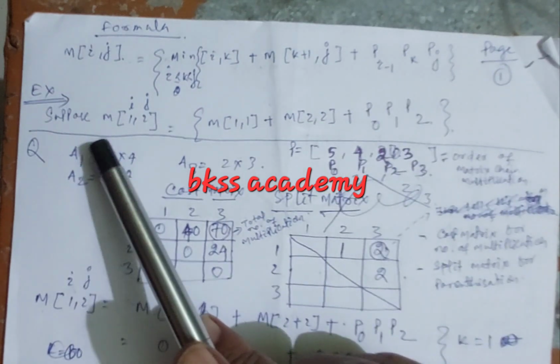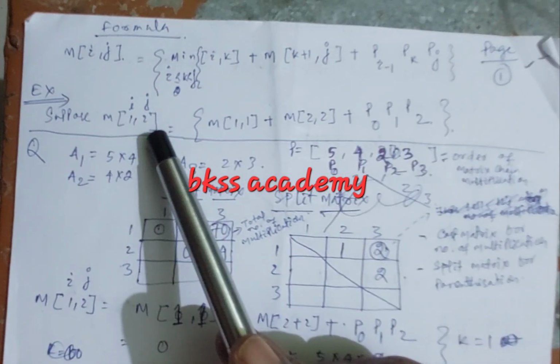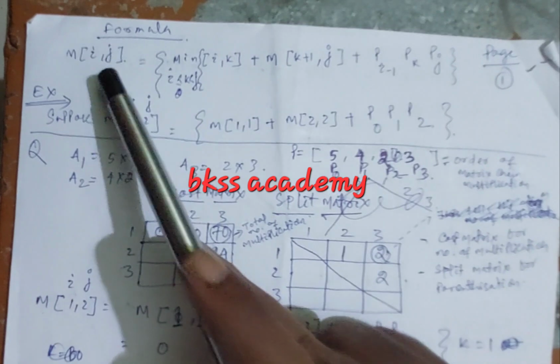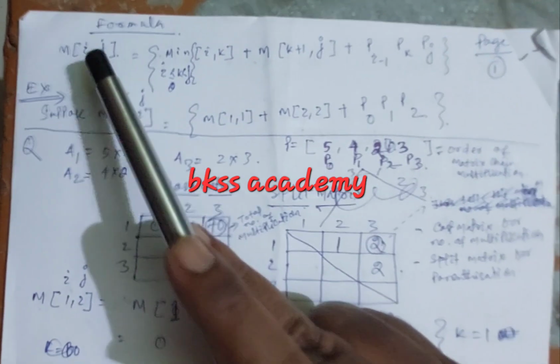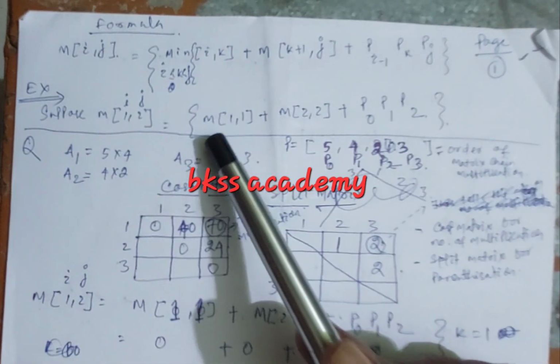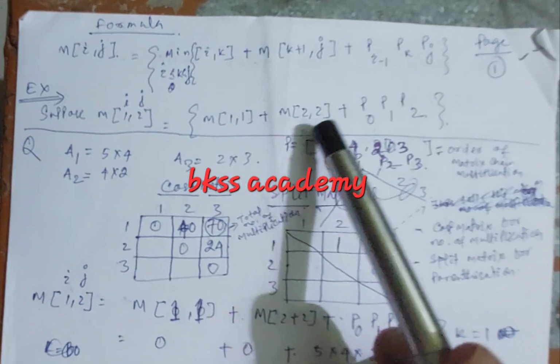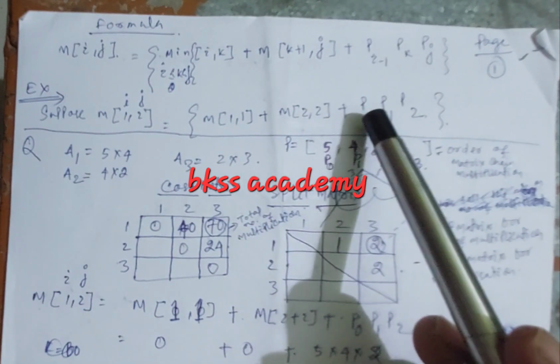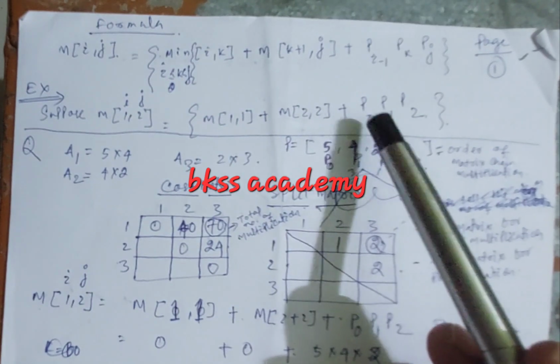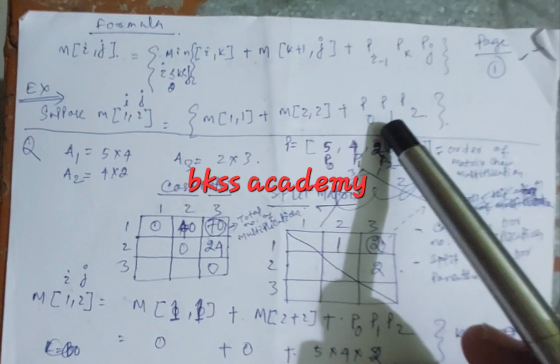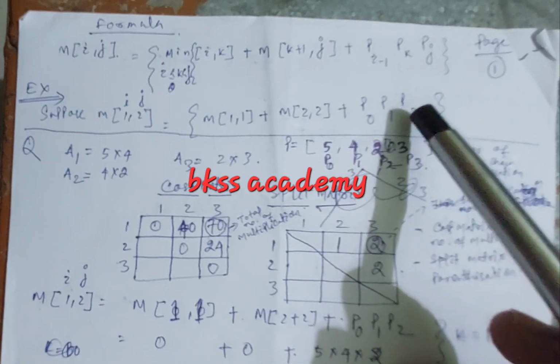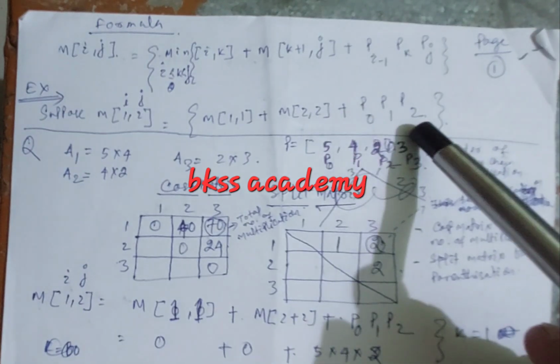Suppose i and j are 1 and 2. Then p(i-1), that is 1 minus 1 equal to 0, is p0, pk is p1, and pj is p2. This is my answer.